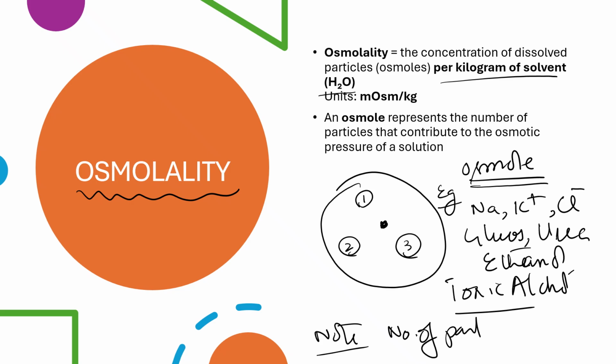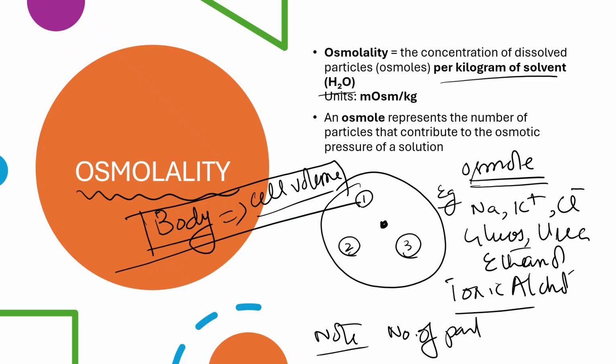Now, why is it important in the body? Why is osmolality important in the body? Because osmolality determines the movement of water across the cell membrane, and it will change the cell volume. So the cell can increase in size or shrink in size. That's why it is important.